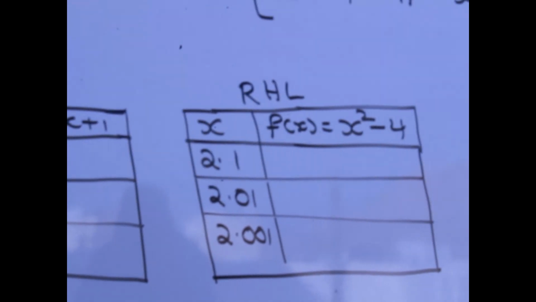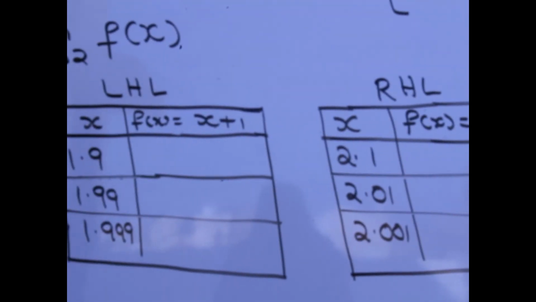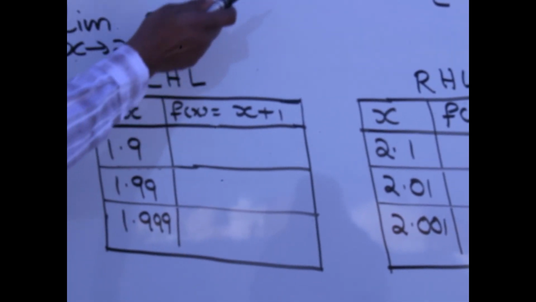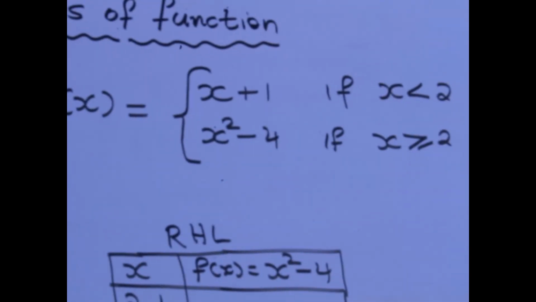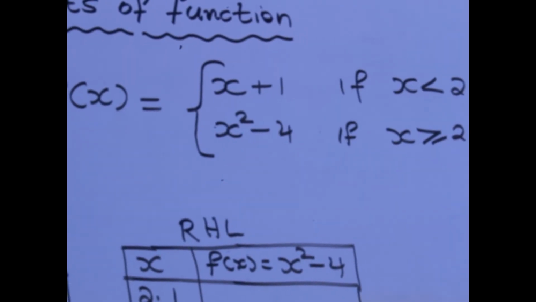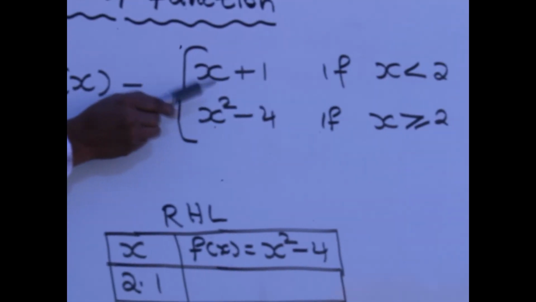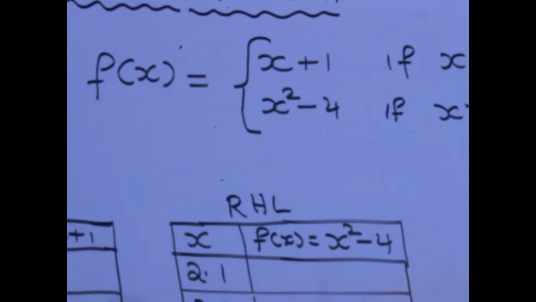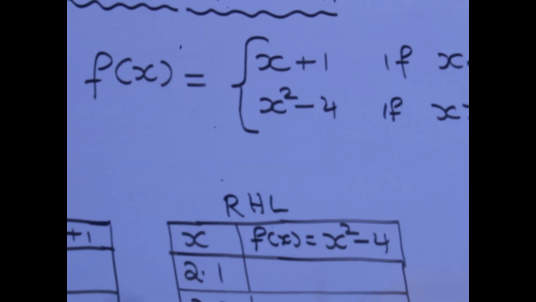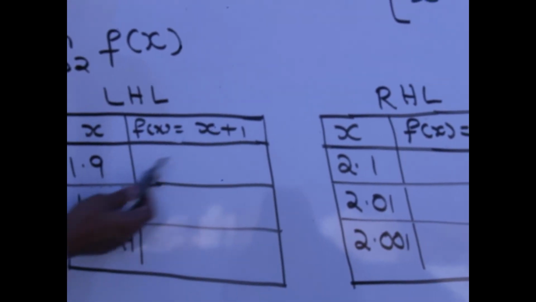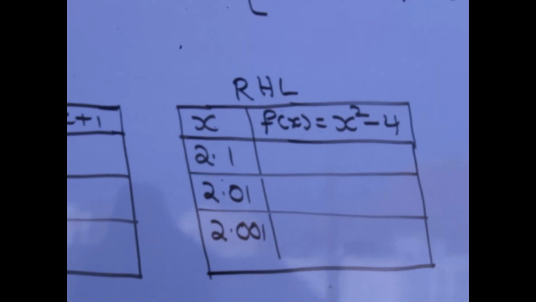Then I apply these values in the function, but we have to consider two types of function here, as I mentioned, since it is a composite function. So f of x equal to x plus 1 for x less than 2, and f of x equal to x square minus 4 for x greater than or equal to 2. I have written f of x equal to x plus 1 for LHL and f of x equal to x square minus 4 for RHL.